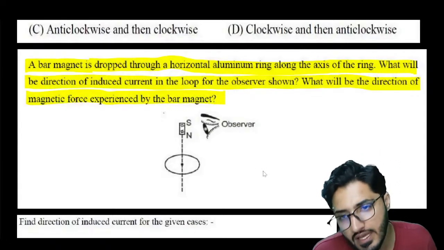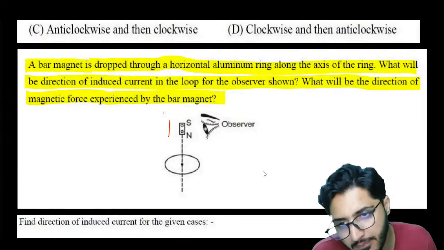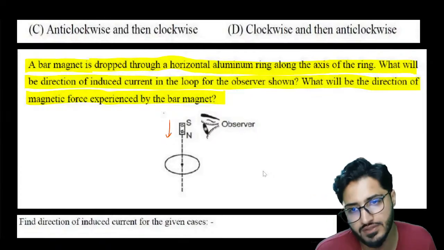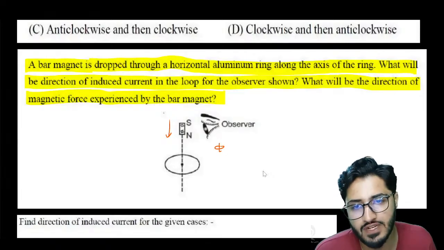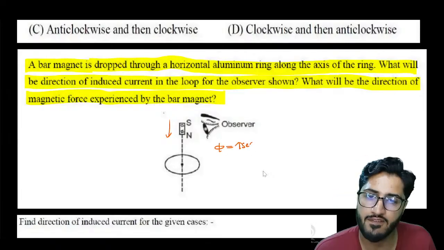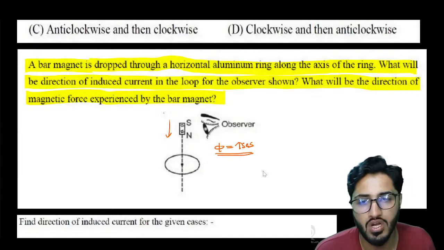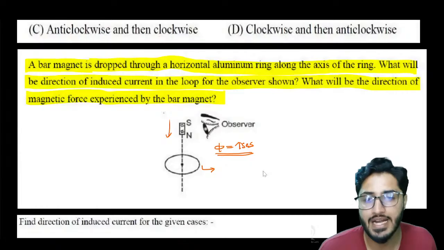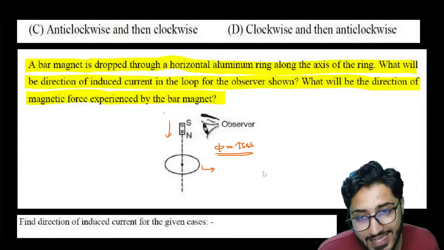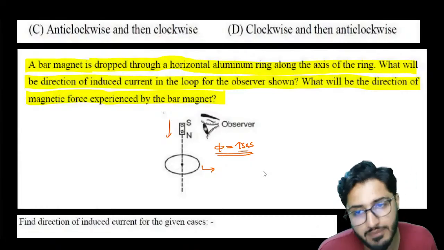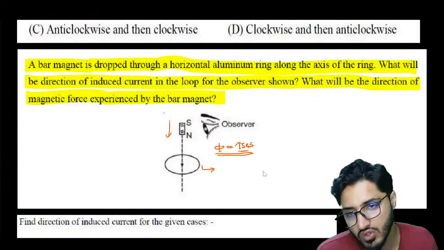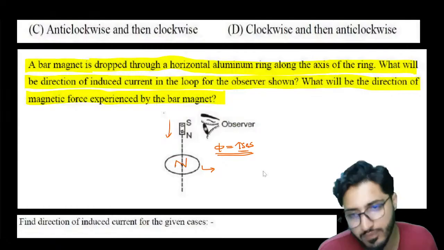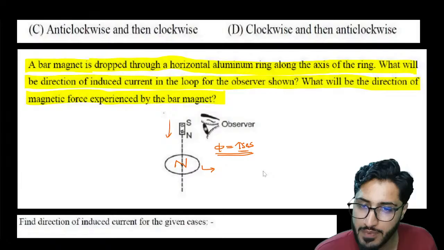Look now, if my bar magnet is going downwards, my flux will increase. According to Lenz's law, current will flow in that direction that will oppose this increment. So this will get a north pole. North means anti-clockwise current.